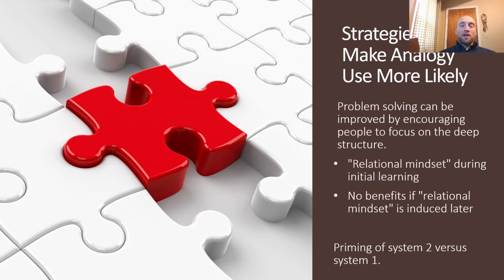The other strategy that can make analogy more likely in our problem solving is priming System 2 thought. Remember, in our last chapter, I talked about System 1 versus System 2 approaches to our thinking. System 1 is this more automatic, heuristic-based thinking, which is pretty much the default in most organisms, including humans. We need to prime ourselves to think critically, and to think about the relational aspects and deep analytic aspects of the problem.